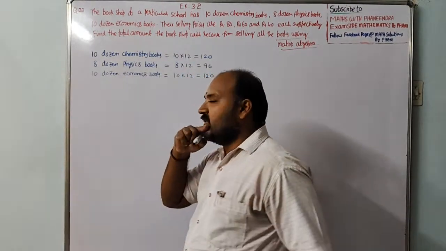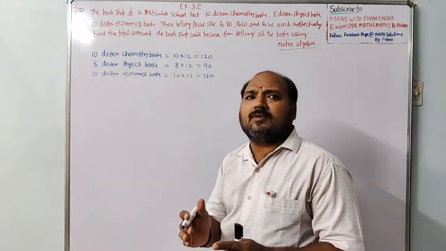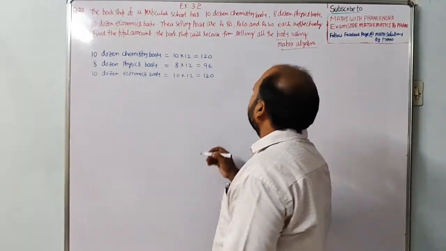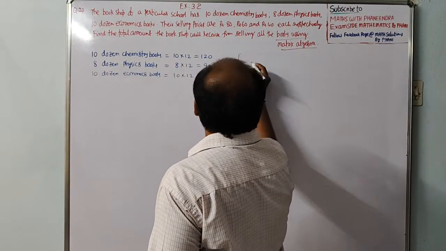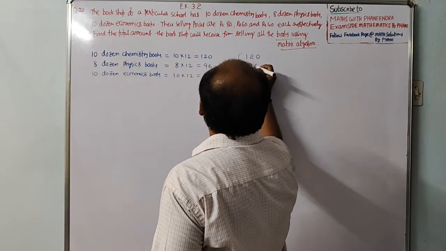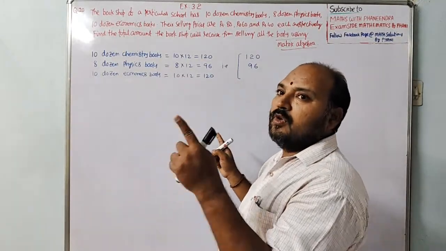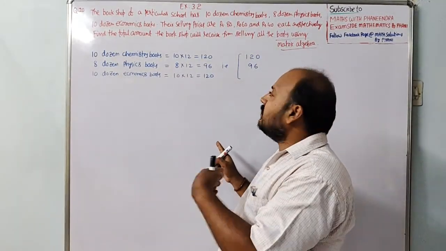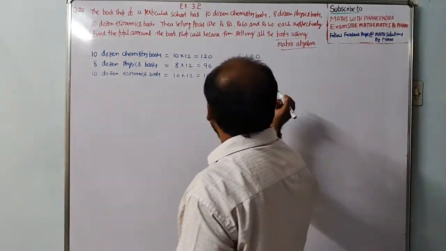So these books either in columns or rows, we can write one in that. I am writing in the matrix form, so better to write like this: 120, 96, 120. Suppose if you are taking a column matrix here, the respective amount will be in the row matrix. Otherwise, if this is a row matrix, that will be in the column matrix.